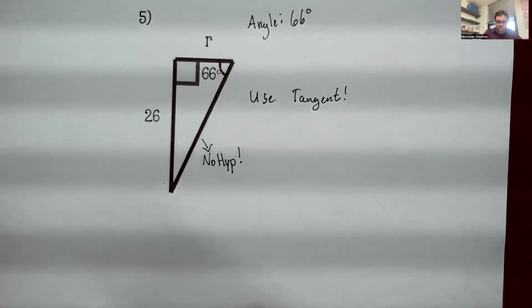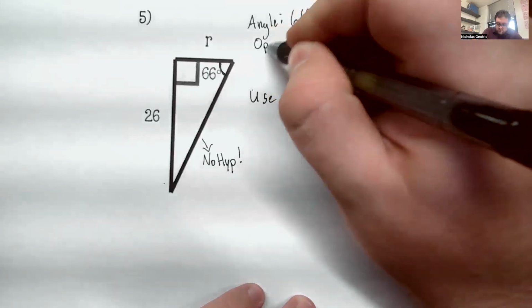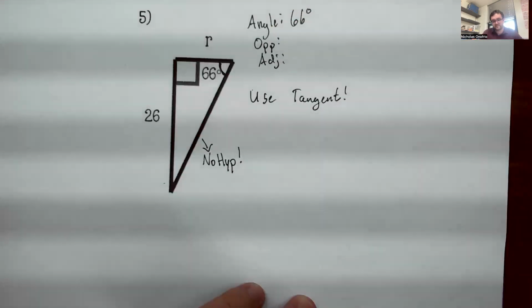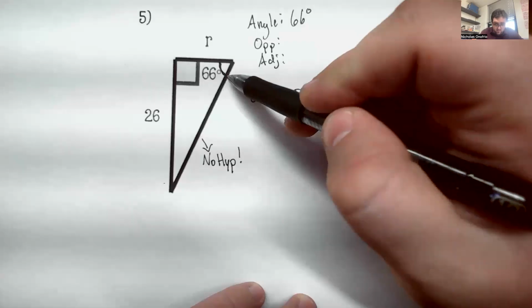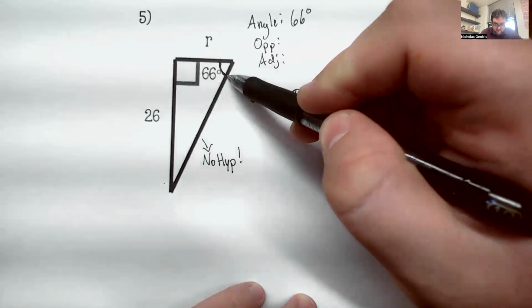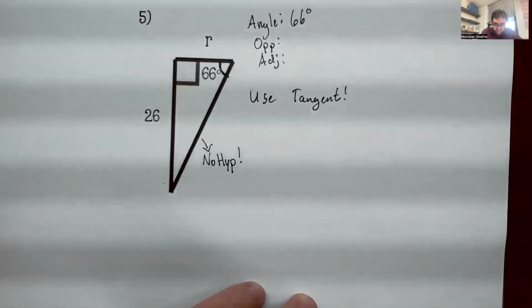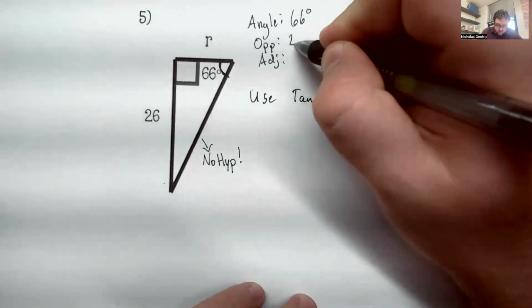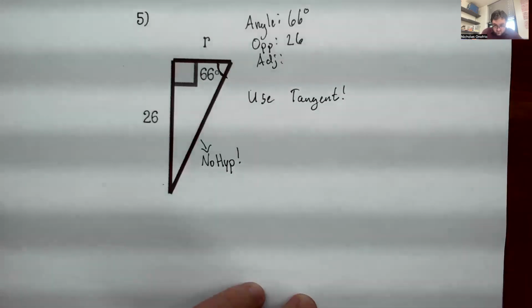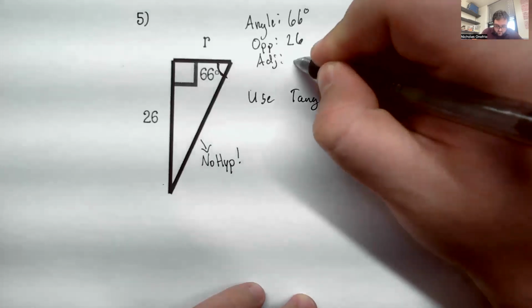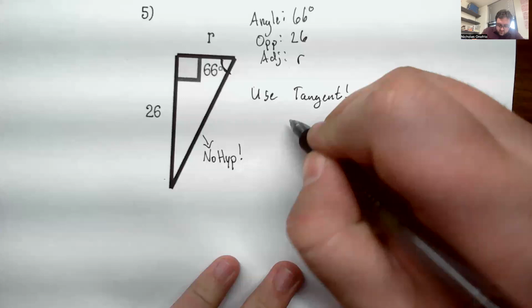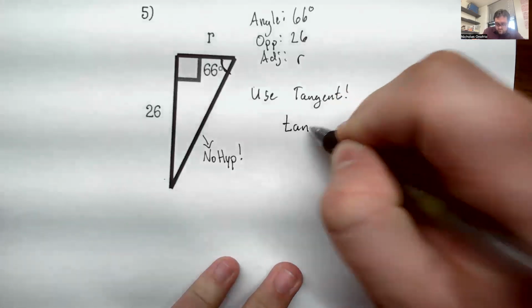Let's fill out the rest of our problem. We know tangent uses the opposite and the adjacent sides. Which side is opposite of our 66? The side opposite 66 would be 26, and my adjacent side would be R. Now that we have our chunks, let's go ahead and plug them into our formula.